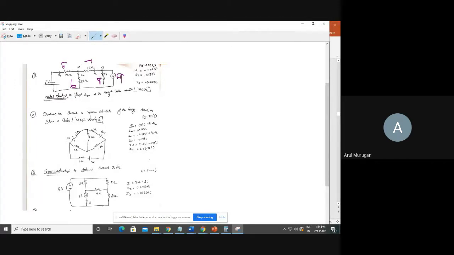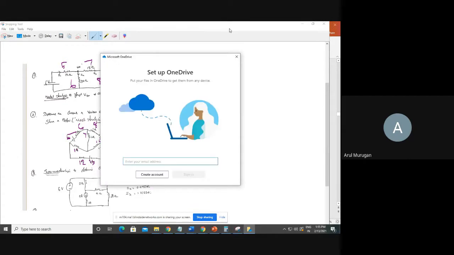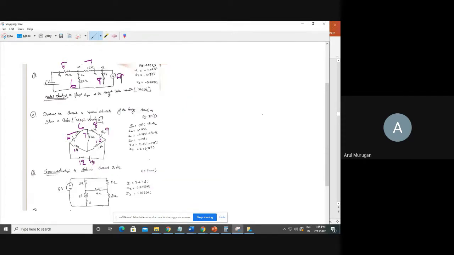So my roll number is 5, then give 5, 6, 7, 8, 9, 10, 11, 12, 13. So all members are getting an individual problem, not combined with any other problems. So you cannot copy from anyone.